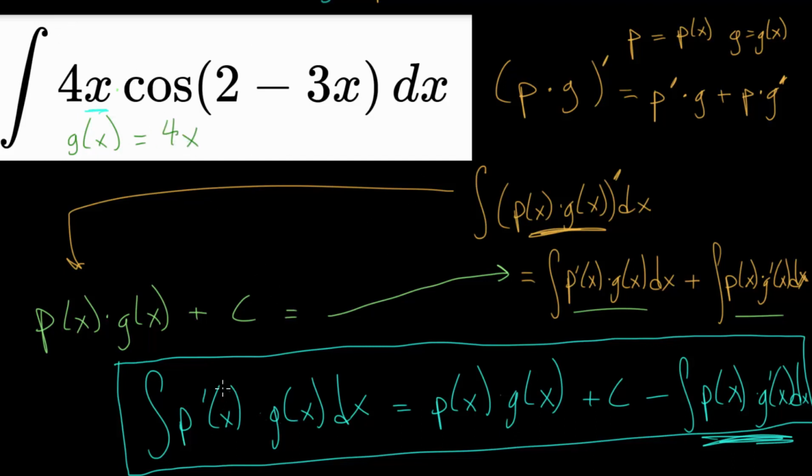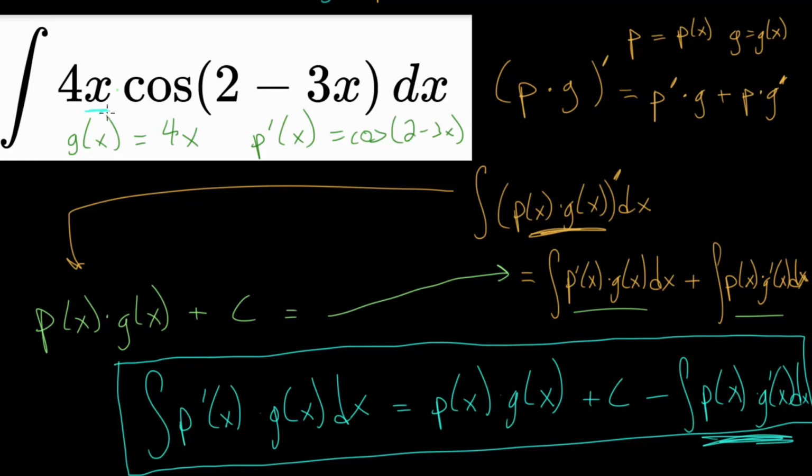And the function that we've already taken the derivative of, p prime of x, this is the cosine of 2 minus 3x. And by assigning these two functions the way we did, we will look at this integral here where we take the derivative of g, and that would just be 4. So we'll have an integral where we just have the cosine function.